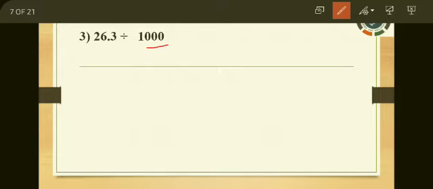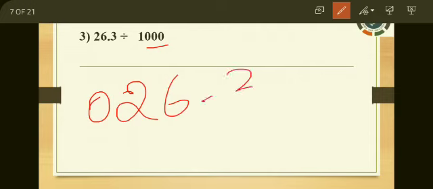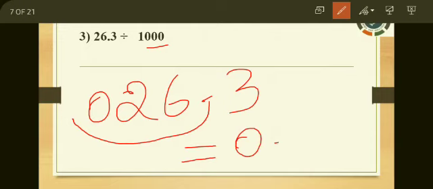What can we do? Correct, add one more digit, 0. So 026.3. Now the decimal point is shifted 3 places left. So what is the answer? 0.0263.